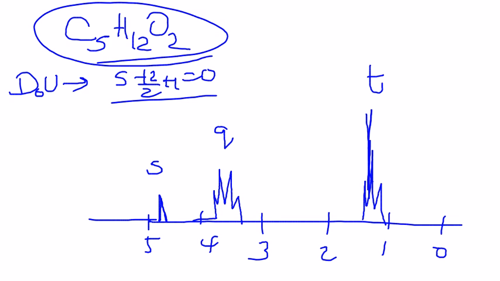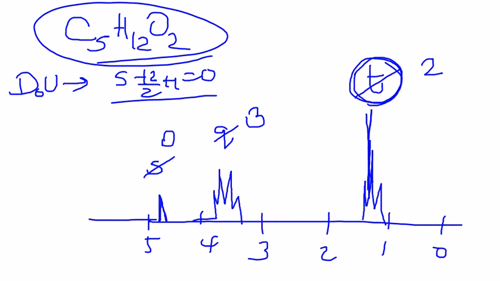So a couple things here. If this is a triplet, what does that tell you? That should tell you that it will be connected to 2 hydrogens, and if it's a quartet, then it's going to be connected to 3 similar hydrogens, and of course if it's a singlet, then that's connected to no hydrogens.